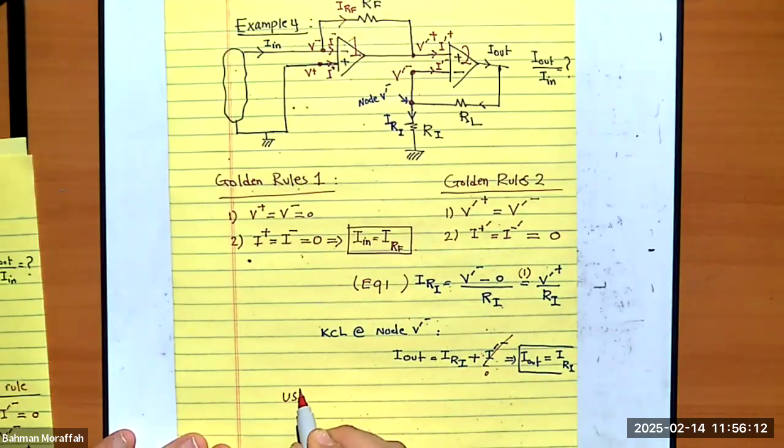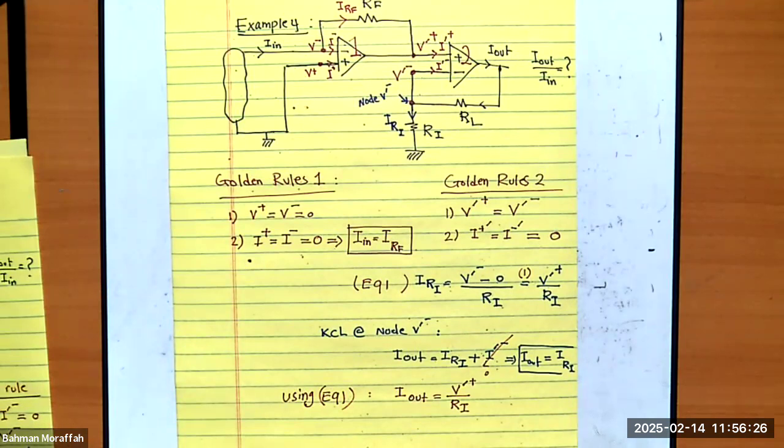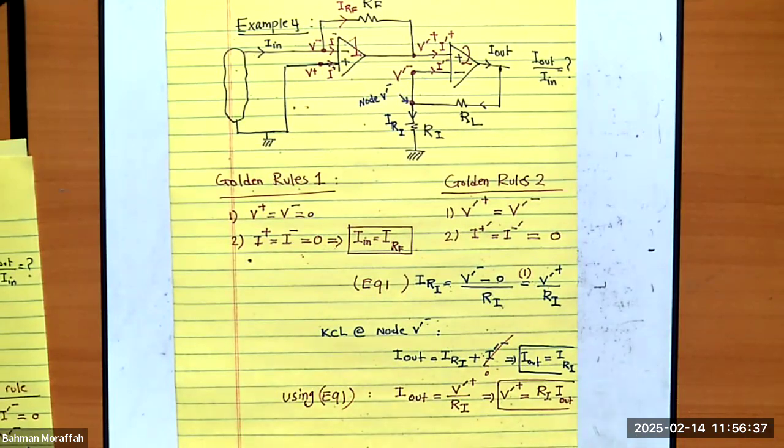So using equation 1, we have I out equals V prime plus divided by Ri. Therefore, V prime plus is Ri times I out, right? Do you see it?